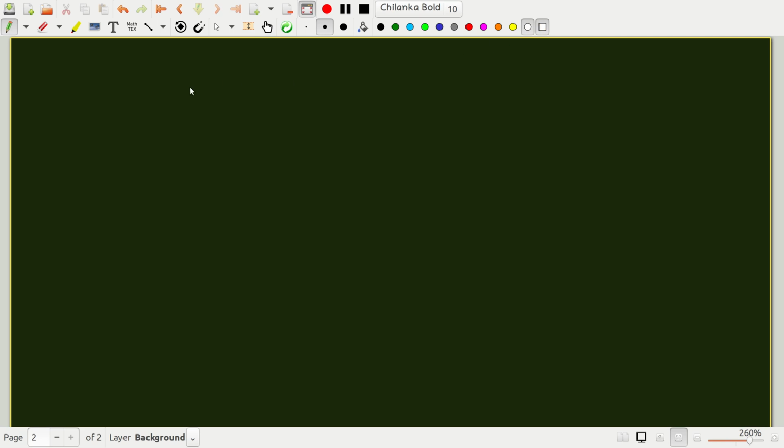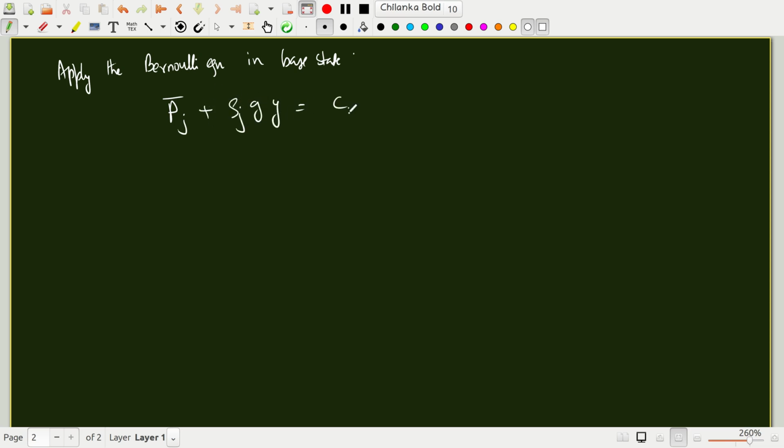Now let's find these constants Cj which are there in the unsteady Bernoulli equation. In order to do that, first let's apply the above Bernoulli equation to the base state configuration. What will happen? We have P bar j, there are no perturbations now, plus rho j gy is Cj.